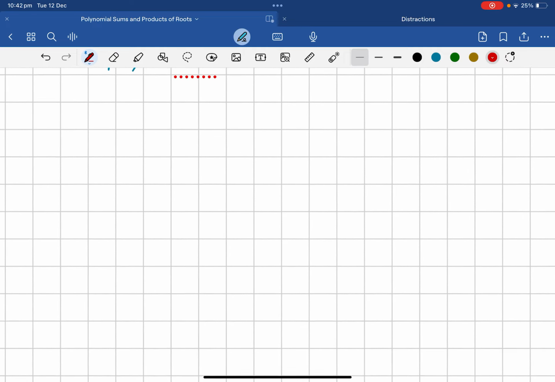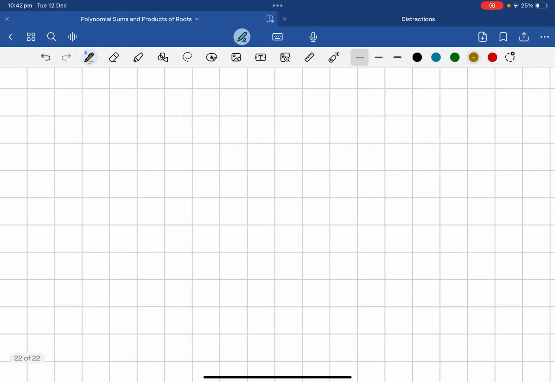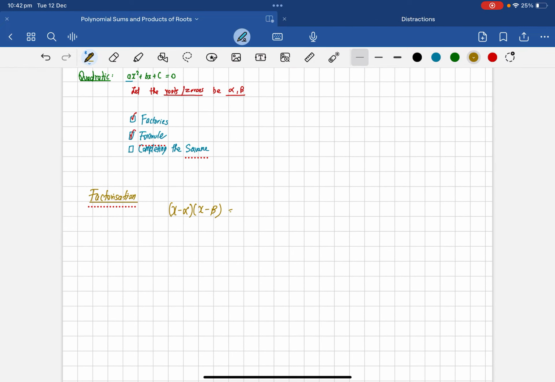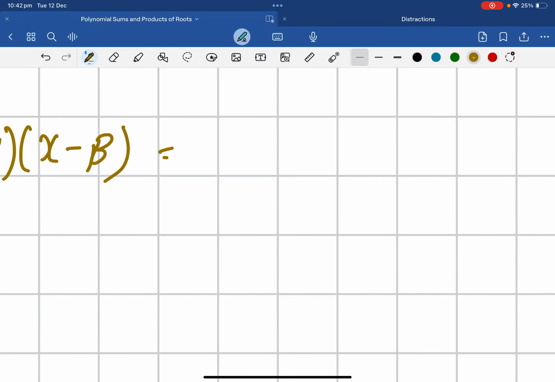Now, let's look at factorization first. When you look at factorization, you are going to have x minus alpha and x minus beta for your initial expression of ax squared plus bx plus c.